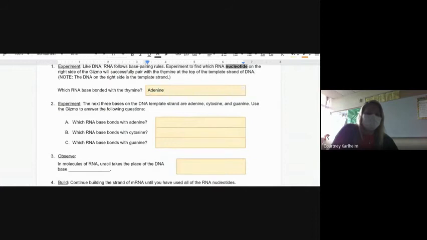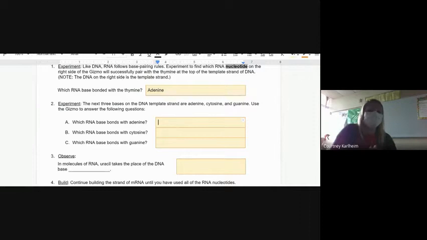All right, so here is where I want to know what replaces T, because remember apples and trees, but now we're talking about RNA. So what base is going to pair with A now? What letter? You can just tell me the letter. Okay, it would be thymine if we're talking about DNA. So then, perfect.